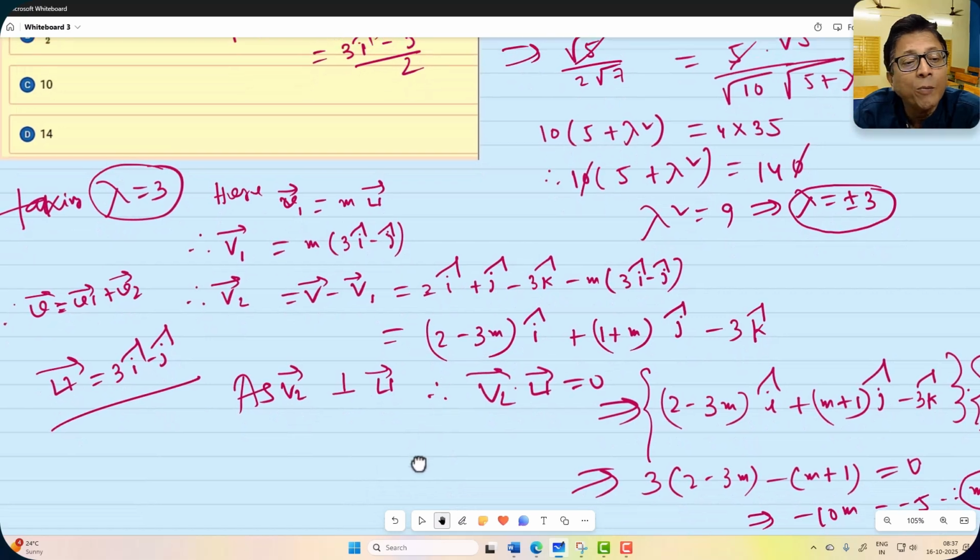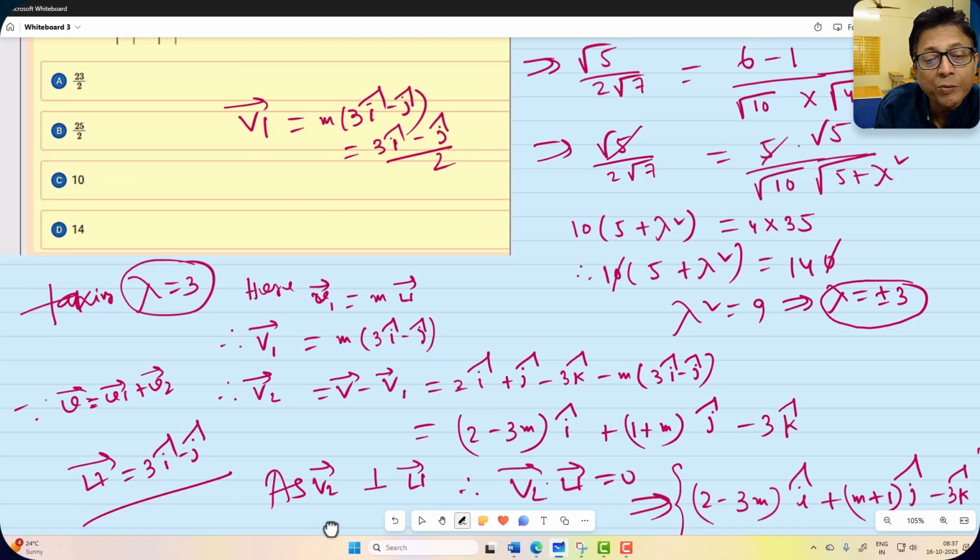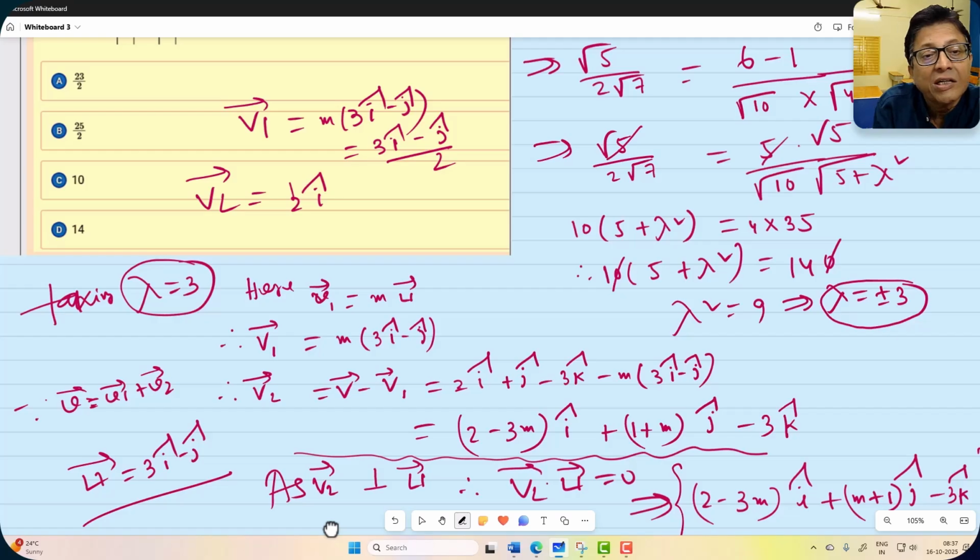You put the value of m, m is half. So V2 is 2 minus 3 by 2, that is half i, plus 3 by 2 j, and minus 3k.